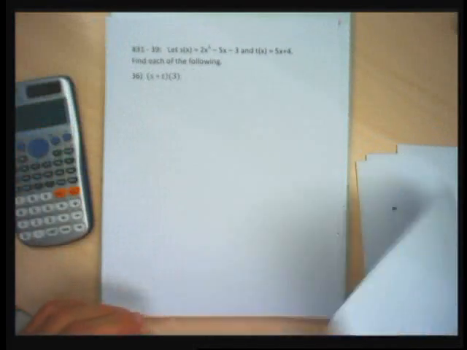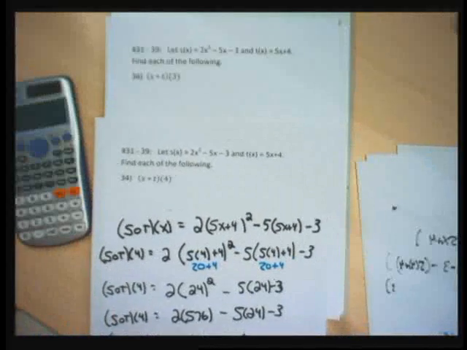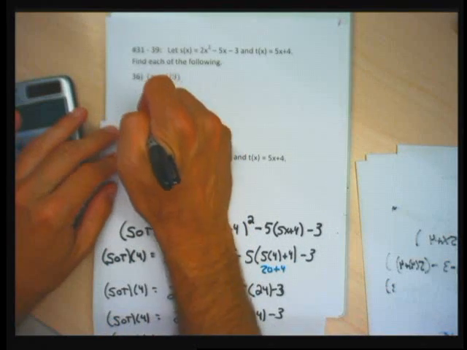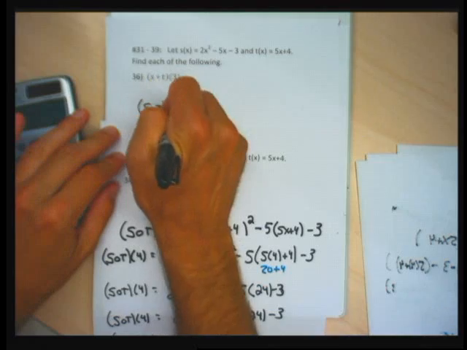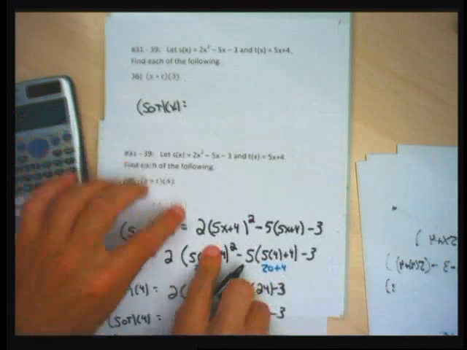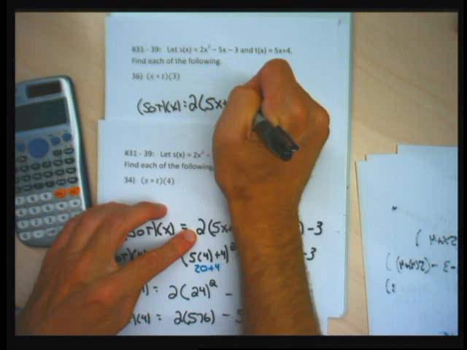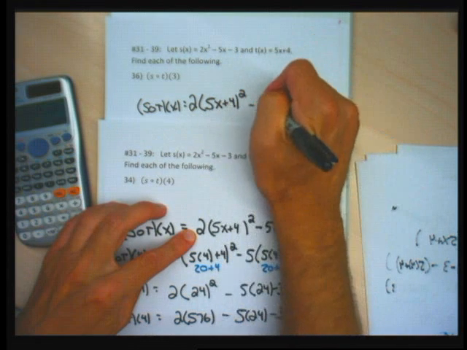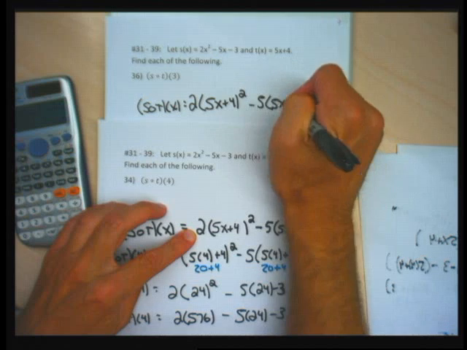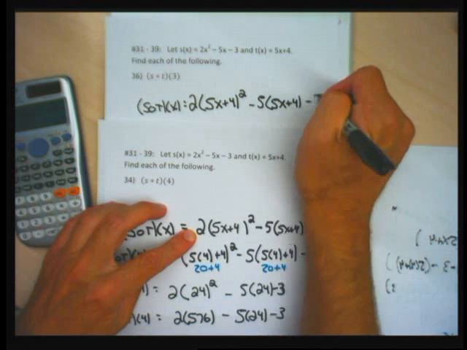So 36 calls s composed with t again. Fortunately, I know what s composed with t of x is. So s composed with t of x is this horrible thing: 2 times 5x plus 4 squared minus 5 times 5x plus 4 minus 3.